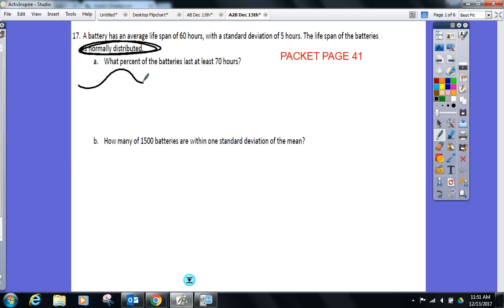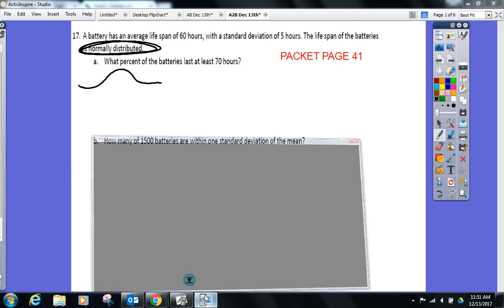But here's the problem. You guys won't be given the curve and the percents, but what do you all have that's programmed with a curve? The calculator, yep. Your calculator has it. Anybody remember where we go on the calculator? If I need to be normally distributed with percents, where do I go?